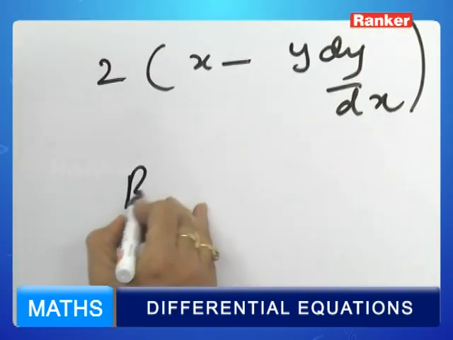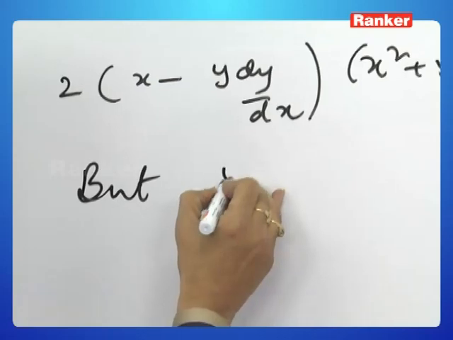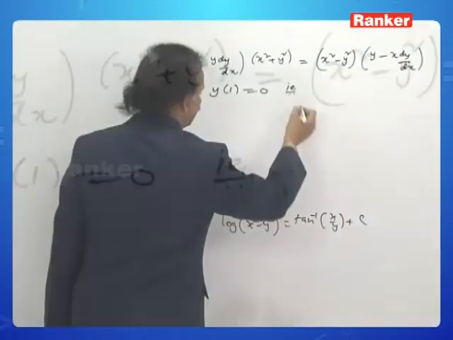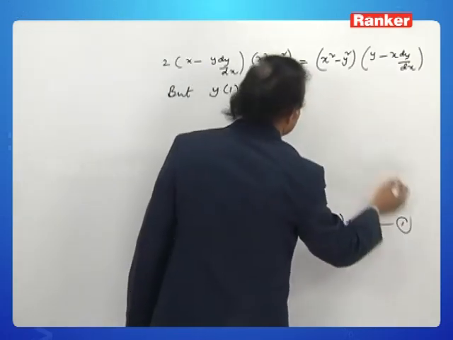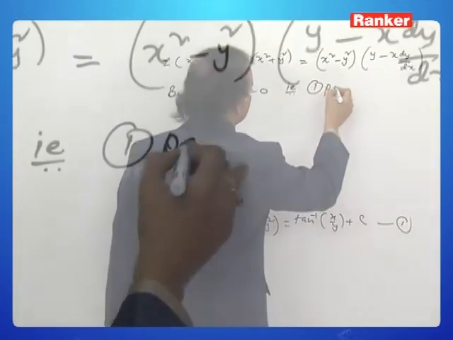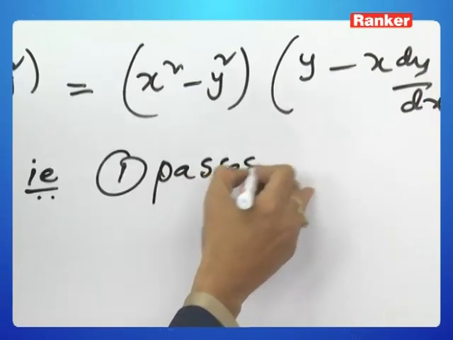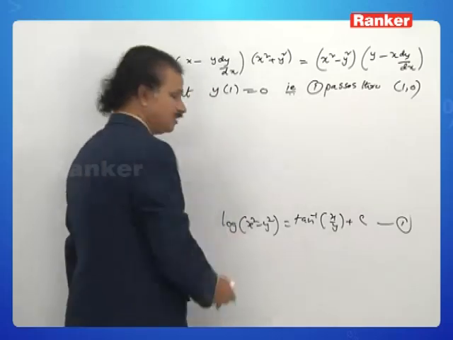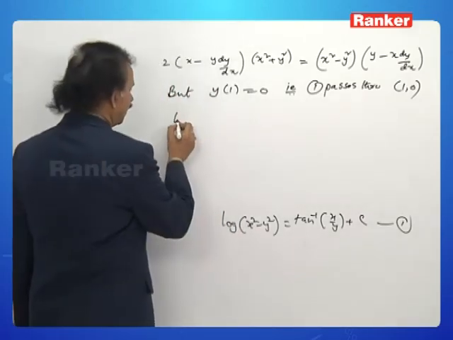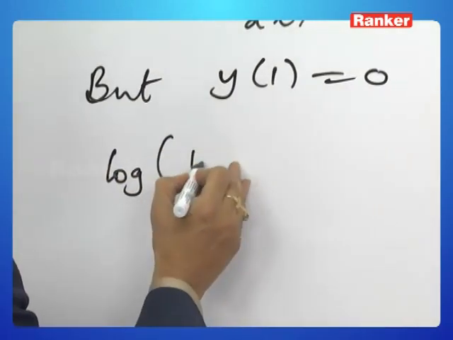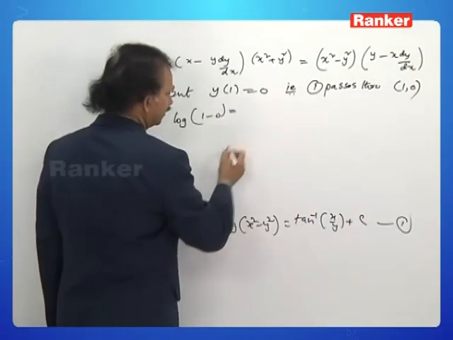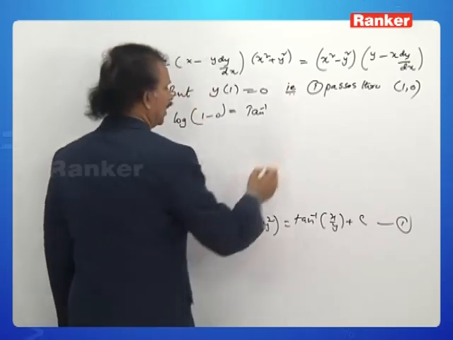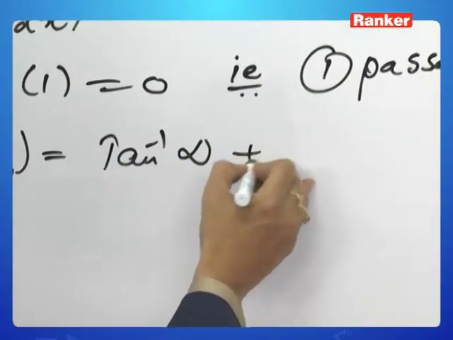But y at 1 is 0. Let us name this solution as 1. It passes through (1, 0). Substitute that. Log of 1 square minus 0 square is equal to tan inverse of 1 by 0, or infinity.